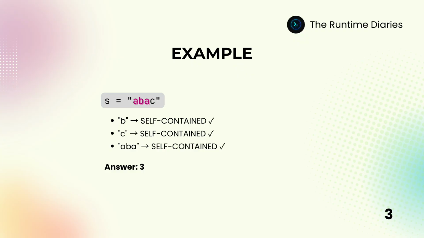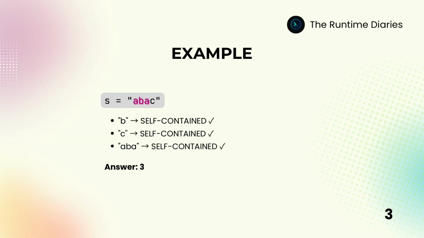Let's check. The letter B appears only at index 1, so that's fine. But the letter A appears at indices 0, 2, and also at index 3. Index 3 is outside of the ABA window, so ABA is not self-contained.